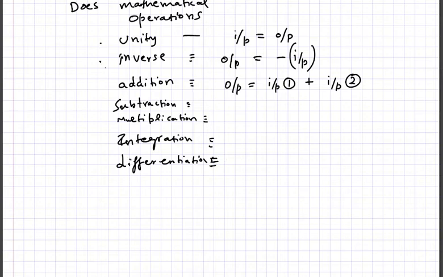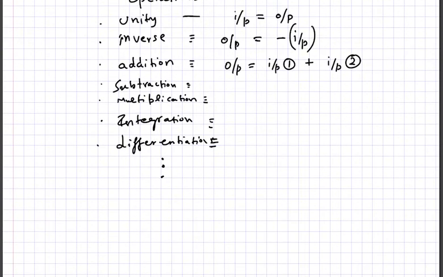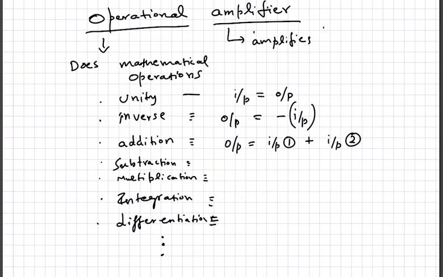These are the operations and many more, of course. I will just put 3 dots. Many more operations can be done using an operational amplifier. So that is why it is called operational amplifier. It does mathematical operations.